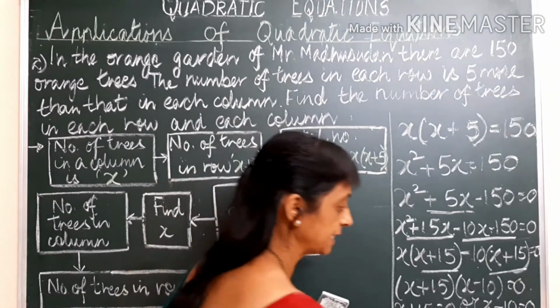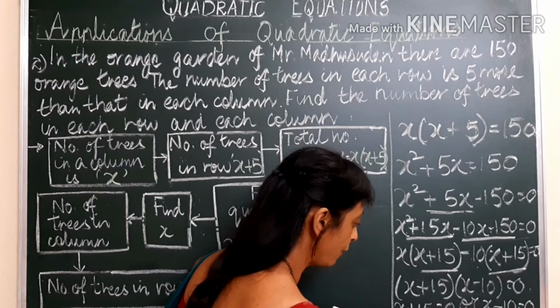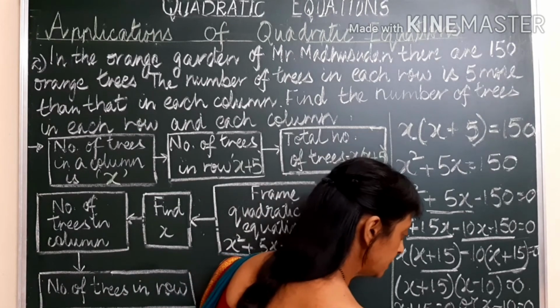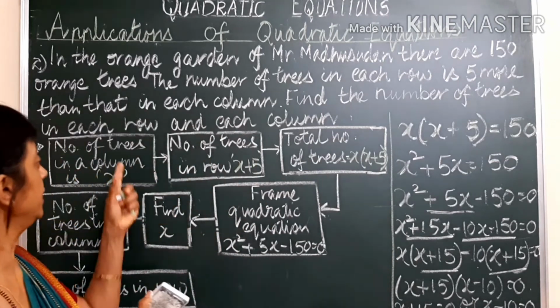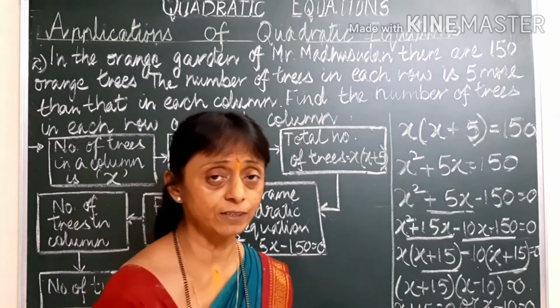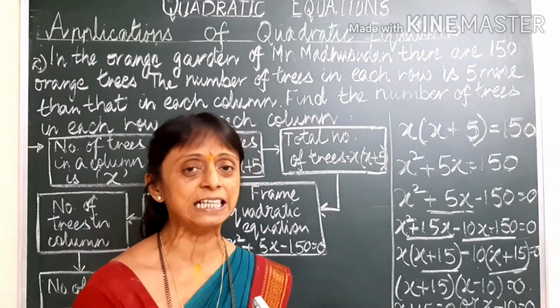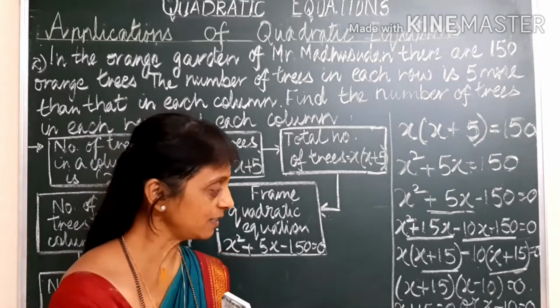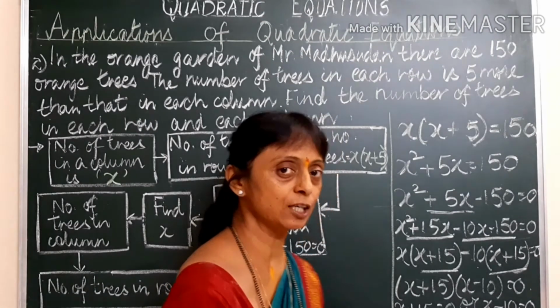We get two values of x. But what is x denoting? x is denoting the number of trees in each column. Can you have a negative number of trees? Definitely not. So x is equal to minus 15 is an unacceptable answer. So which answer is the right one which we can accept? x is equal to 10.